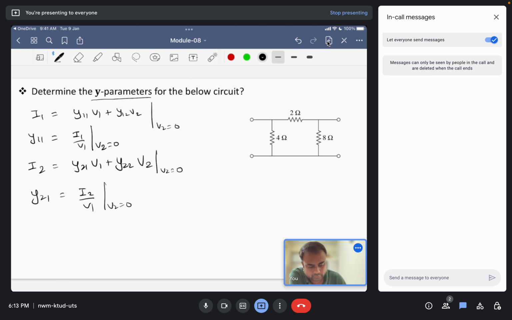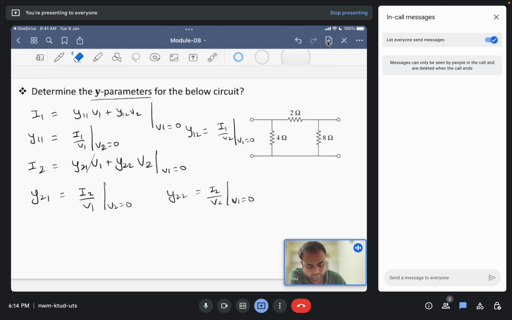And similarly, if we put V1 equals to 0, from here we will get Y12. So Y12 will become I1 by V2 given V1 equal to 0. And similarly, if we put V1 equals to 0 in the second equation, this portion will get cancelled out, so we get Y22 is equal to I2 by V2 given V1 equal to 0.